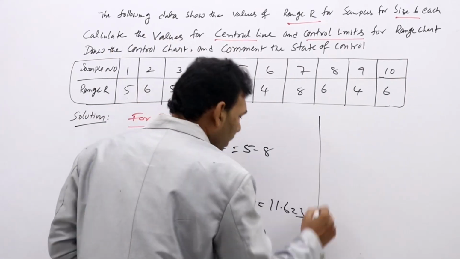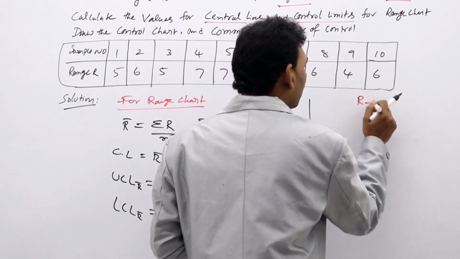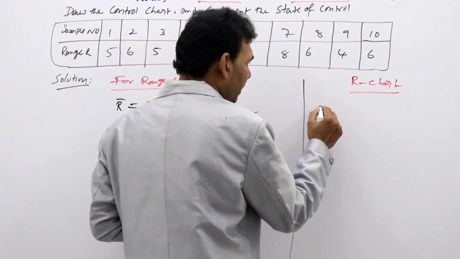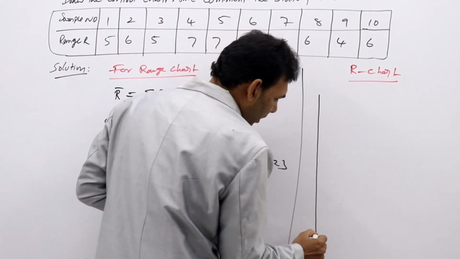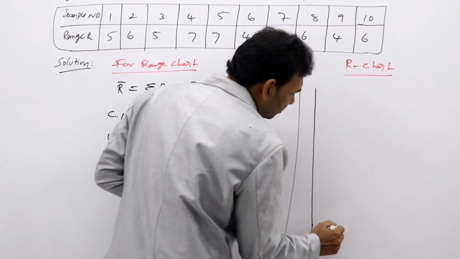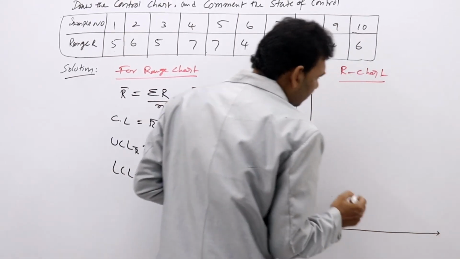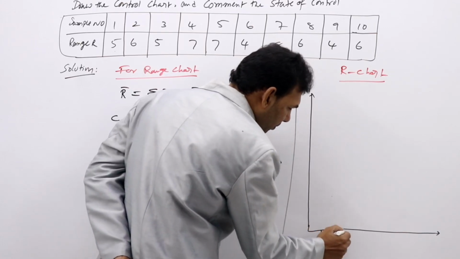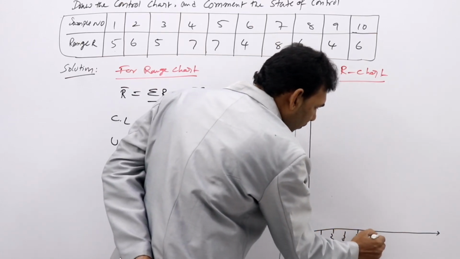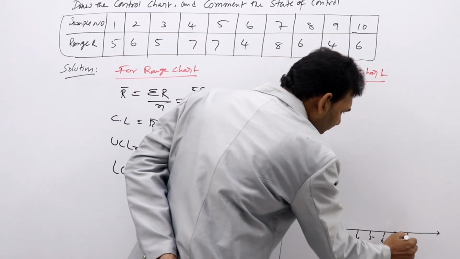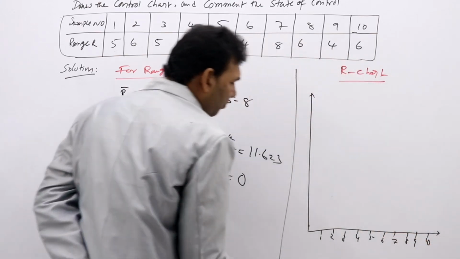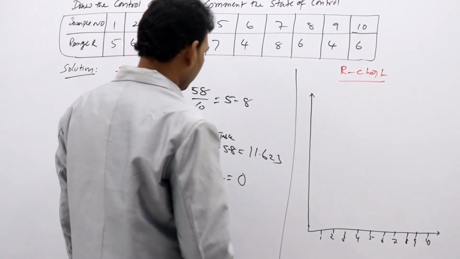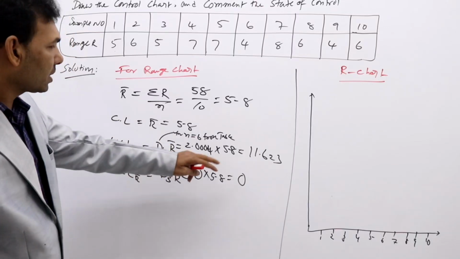So now we are going to draw the range chart, R chart. Here a vertical line and a horizontal line. Here you need to give the sample numbers 1, 2, 3, 4, 5, 6, 7, 8, 9, 10. Coming to the range axis, the range is also up to 10 only, but the control lines you need to draw at 11.6, right?